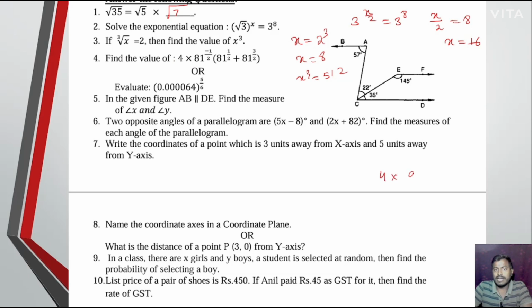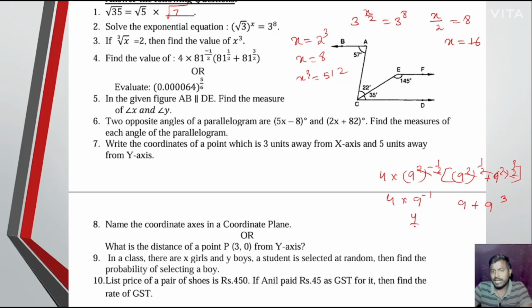4 into, we can write, 9 rho square whole to the power minus 1 by 2. Then 9 rho square 1 by 2 plus 9 rho square 3 by 2. Okay. Now cancel. So 4 into 9 to the power minus 1, here 9 plus 9 to the power 3. Okay.